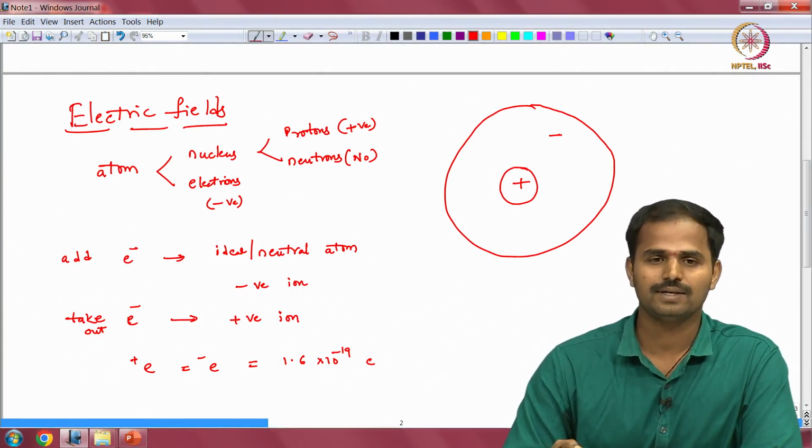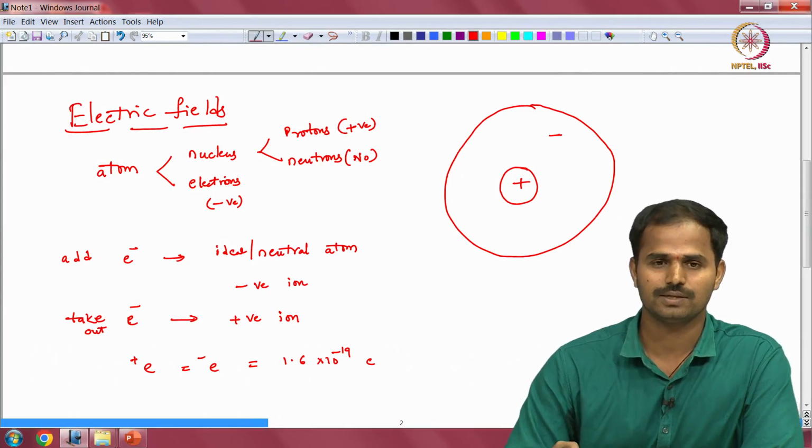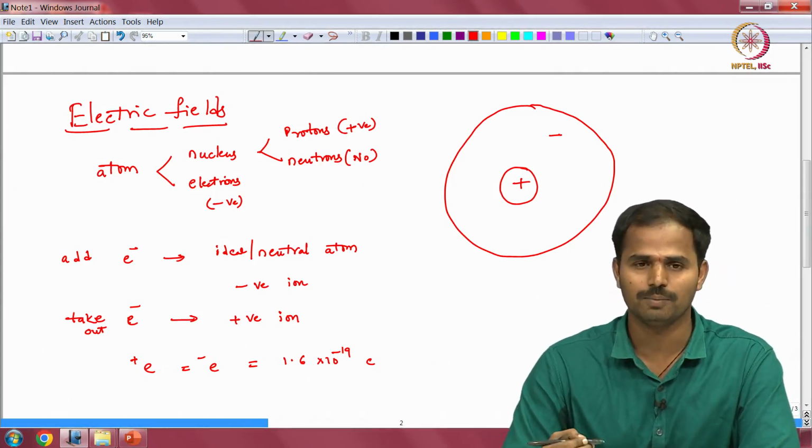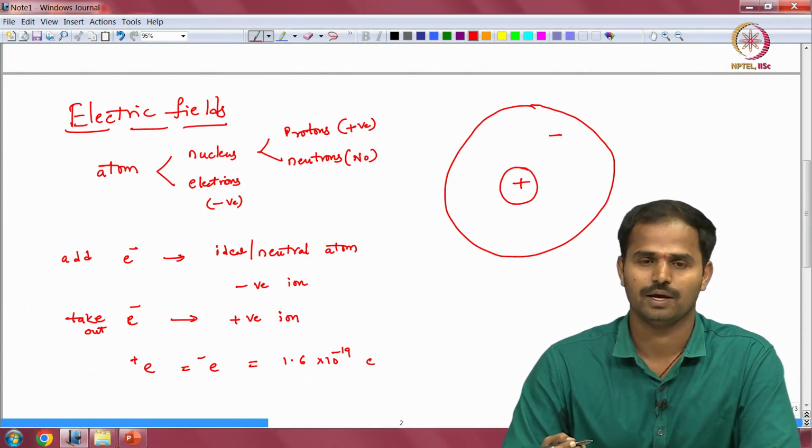Suppose I place positive charges and negative charges near each other, what kind of forces will be there and how do they behave?